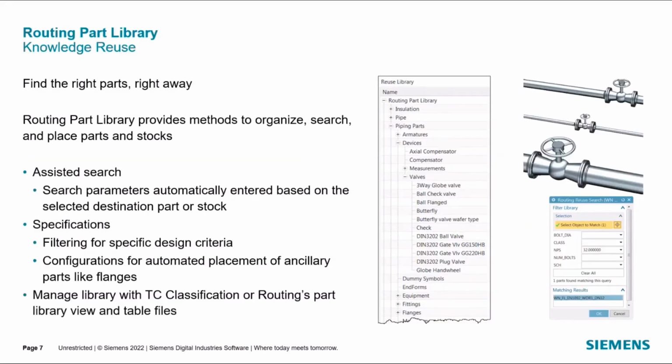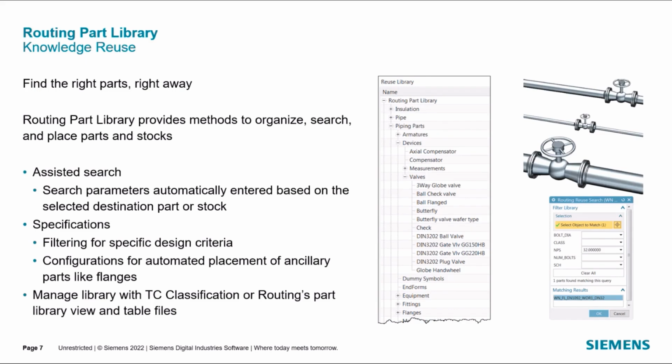So a big part of the routing systems is being able to reuse qualified parts, approved parts, especially for your designs. So if you want to have uniformity in your application of parts in your designs, you'll probably want to use the reuse library to manage your parts that you'll bring into your assemblies.